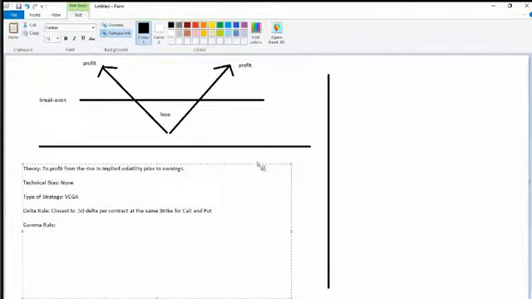The actual gamma rule is none, okay? Use gamma when using the strategy to hedge another trade. Not applicable if entering as a first entry and independent trade, okay?